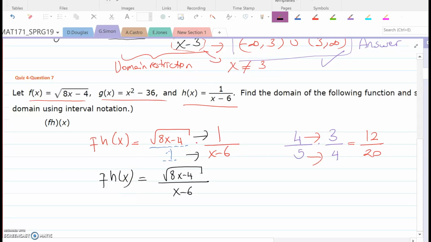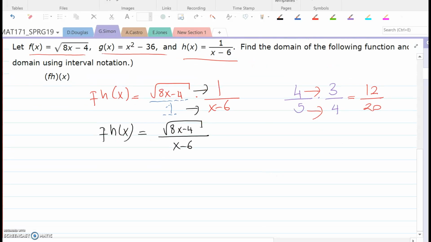However, when we're looking at the domain, we have 2 restrictions there. We do have an even root that we need to consider, and we do have a denominator that we need to consider also.